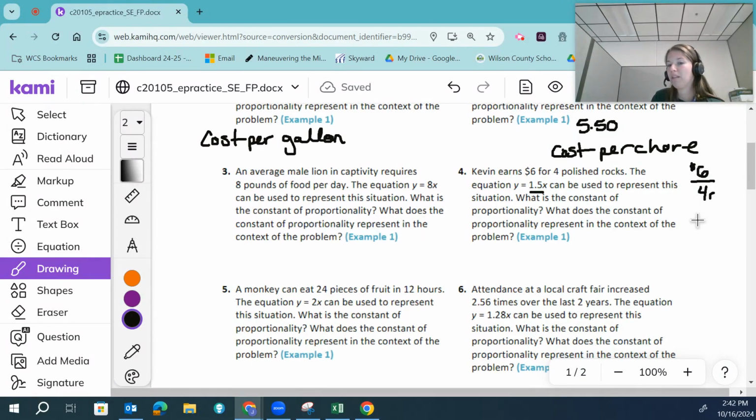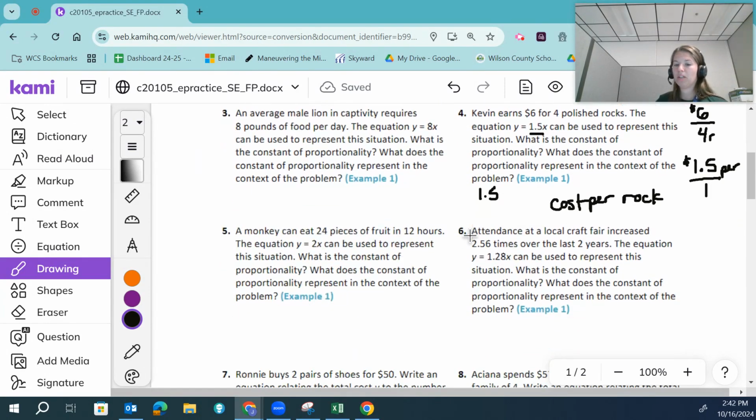So we simplify this and it would be 1.5, which means $1.50 per 1 rock. So my constant of proportionality is 1.5, and the constant of proportionality represents the cost per rock there.